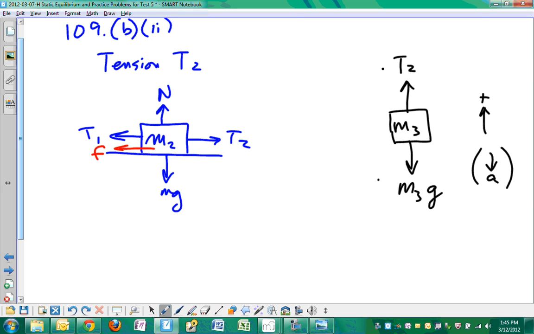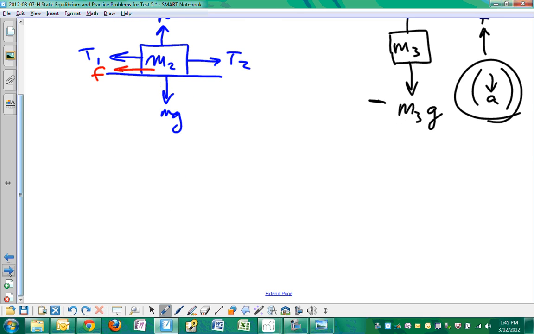Either way, we're going to have a parenthetical expression. This G part is going to be less than G. Because the tension has got to be less than M3G, doesn't it? How do we know that? It's accelerating downward. So the net force must be downward, so M3G here must be bigger than T2 acting upward.